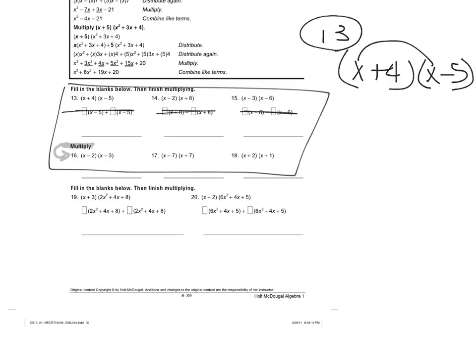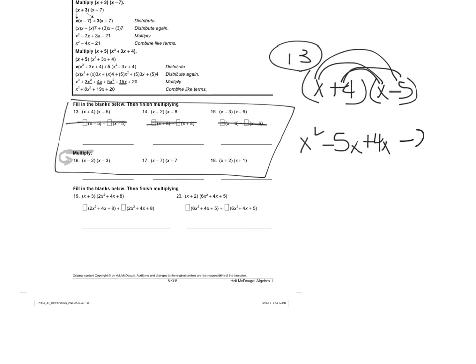So x times x, which is first, x times negative 5, 4 times x, and then 4 times negative 5. You will always be able to group the middle 2 terms. Okay? X squared minus x minus 20. We're just doing distributive property.